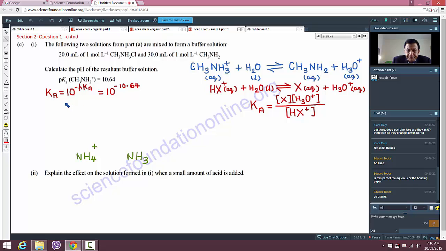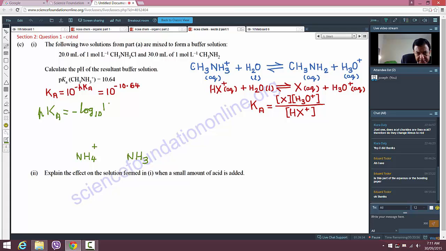No? Then, when you're given a pKa value, p anything means minus log to the base 10 of that anything. pH is minus log to the base 10 of the H+ concentration. So, pOH is minus log to the base 10 of the OH- concentration. So pKa will be minus log to the base 10 of the Ka value. So if you like, I could write it here like this. pKa, just like pH, is minus log to the base 10 of the Ka value.